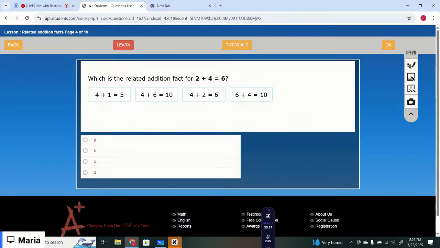That is 4 plus 2 equals 6. Option C is the correct option.